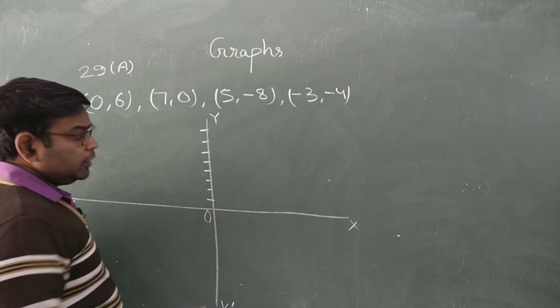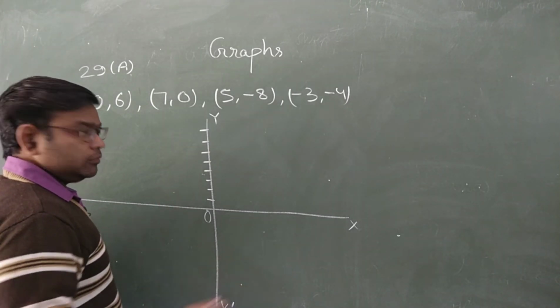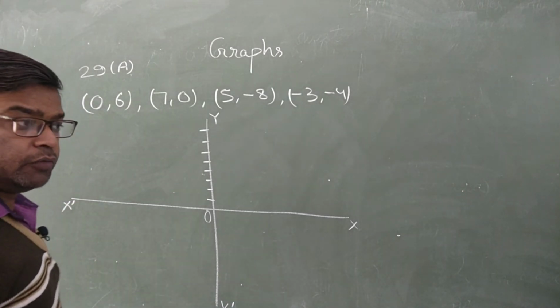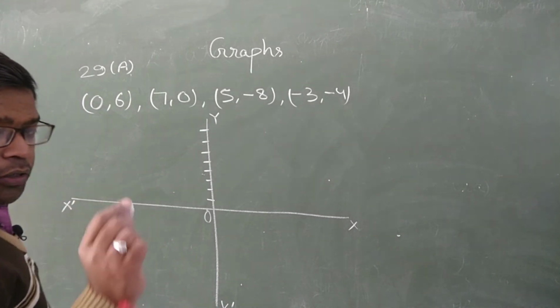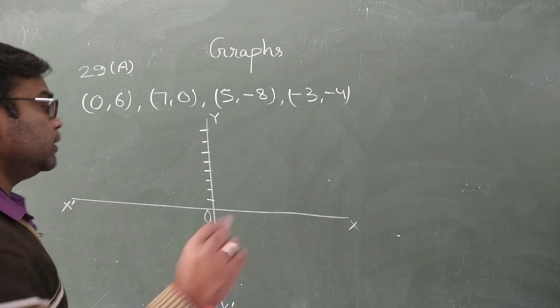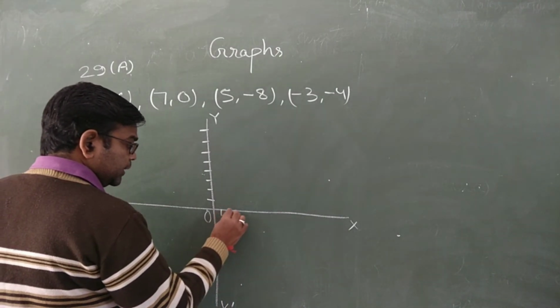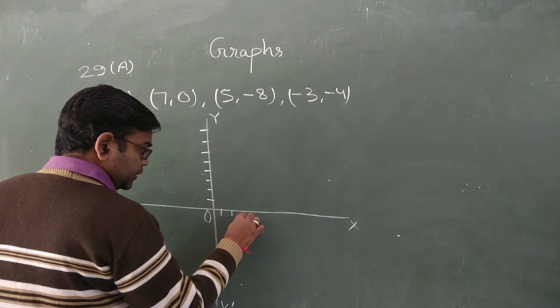On graph paper, these lines are already given. There are 3 different types of line: one is very small, then a little bit greater, and then a little bit greater. When you see the graph paper, you can easily understand those lines.